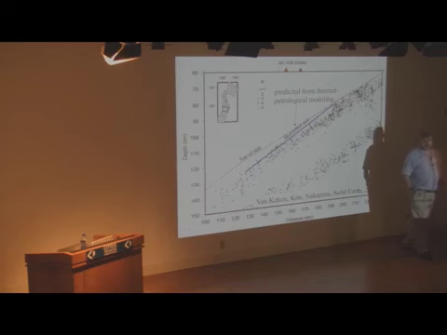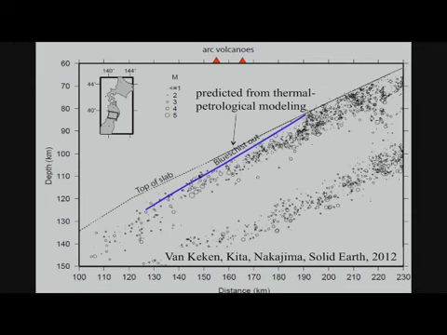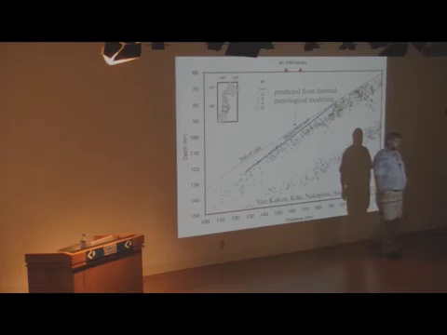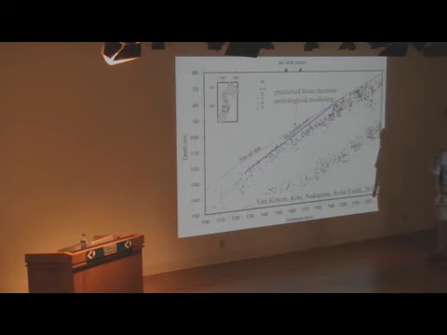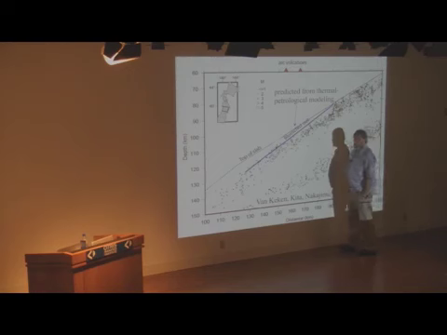In this particular case, again, there are formal errors on the thermal model as well, but since the convergence is so rapid and it's such an old oceanic lithosphere, the errors are smaller than they are in Alaska. And our prediction for where blueschist disappears and becomes eclogite happens to be essentially right on top of where the seismicity disappeared. Strong suggestion that blueschist has the earthquakes in it and eclogite does not.